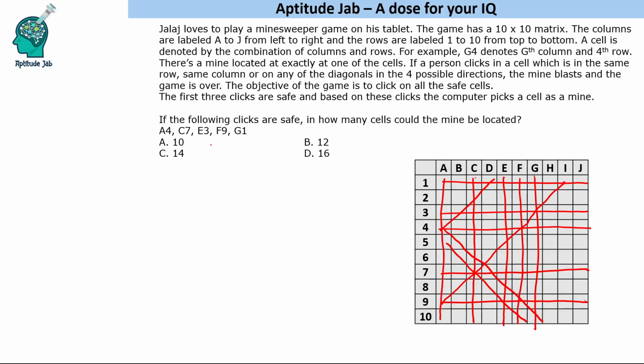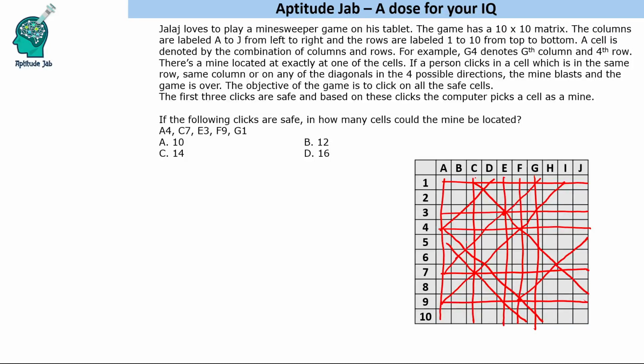Now we have E3. So for E3, one diagonal will be like this, and the second diagonal will be like this. Okay, so this is again safe. F9, F is 9, right? So one diagonal is like this.